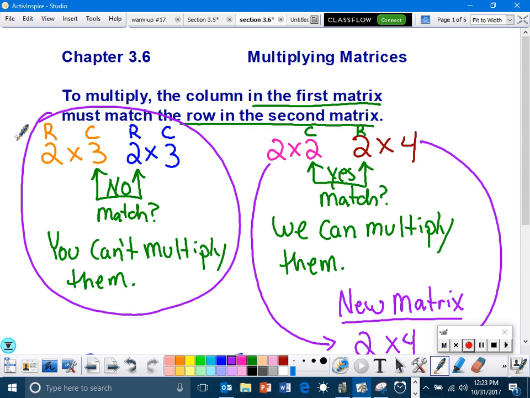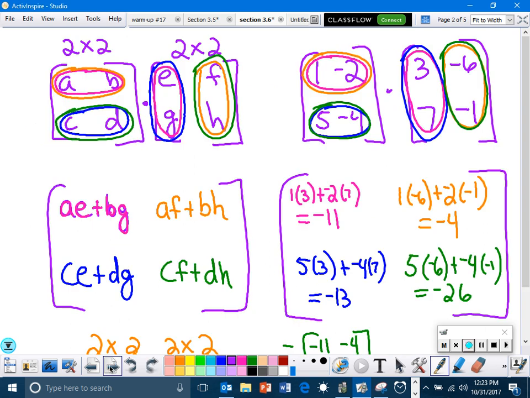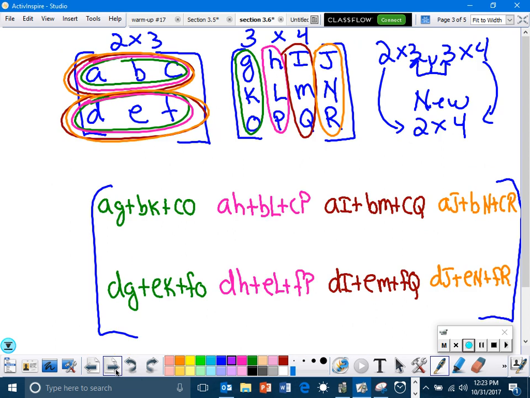So if there's one like that on your worksheet, you're just going to say, not possible, or we cannot multiply these together because the column and the row do not match. But if they do match, follow the rule here on how to multiply. You take the row times the column. Okay? All right, work on the worksheet, and I will see you later.